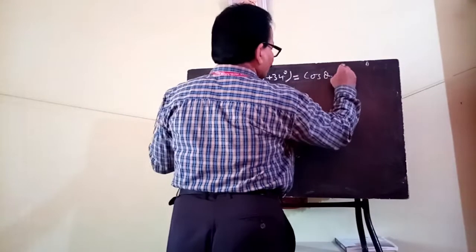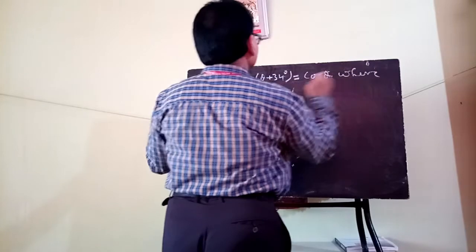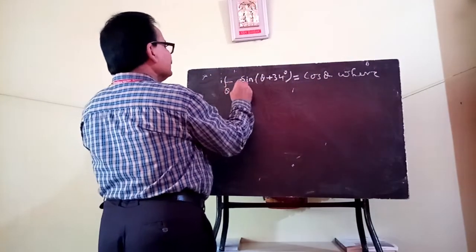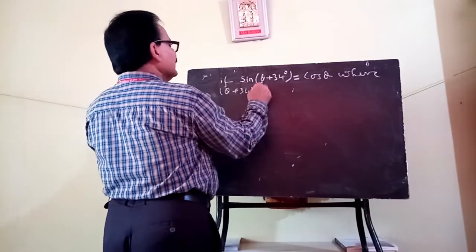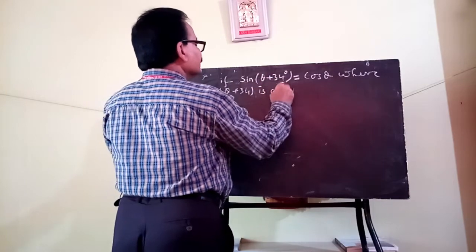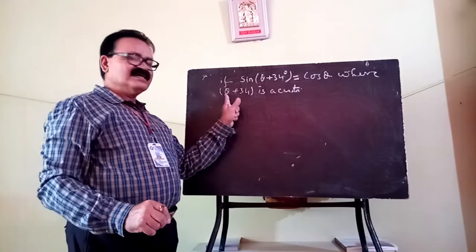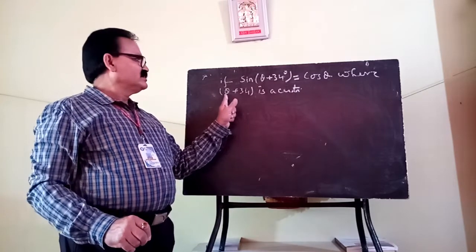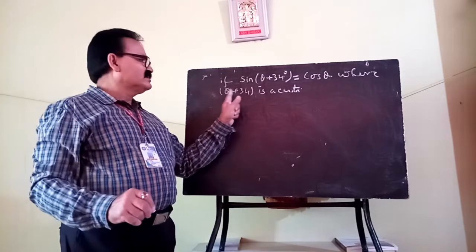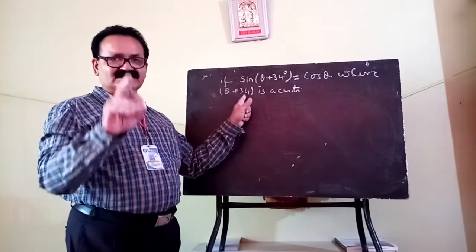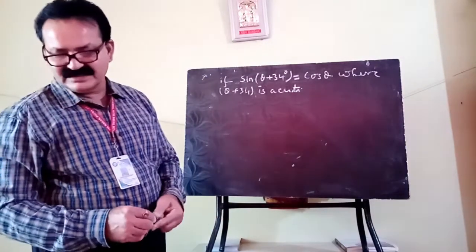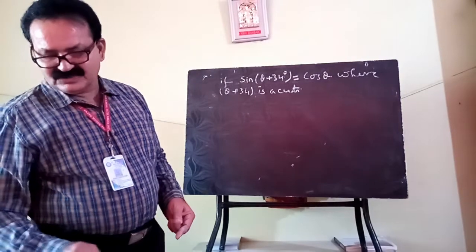Since theta plus 34 is acute, that means theta is also acute, and it should be such that after adding 34 it should be less than 90 degree.